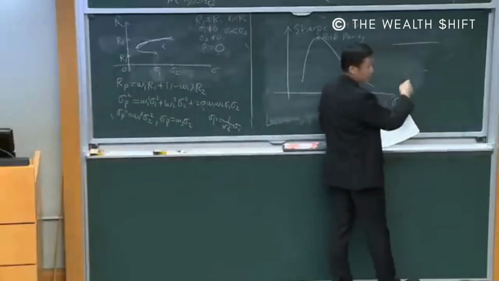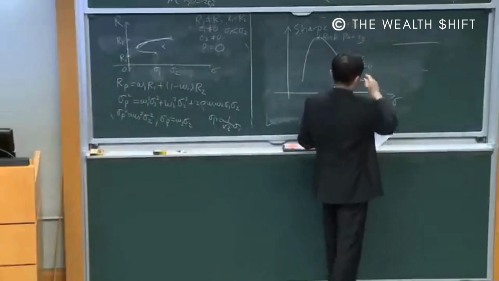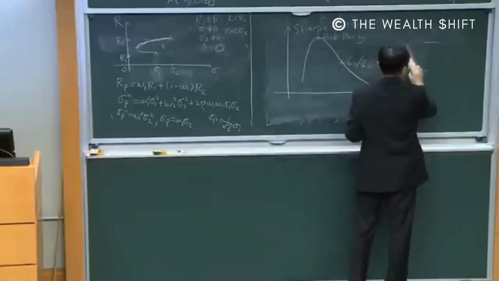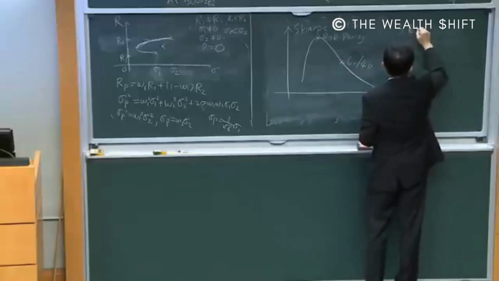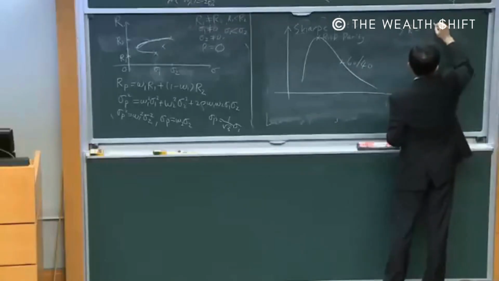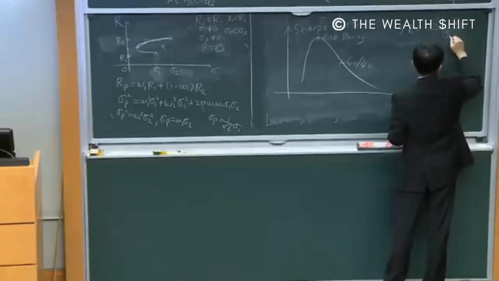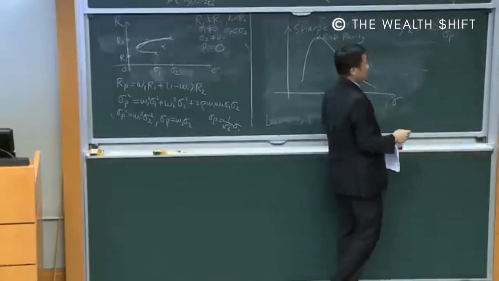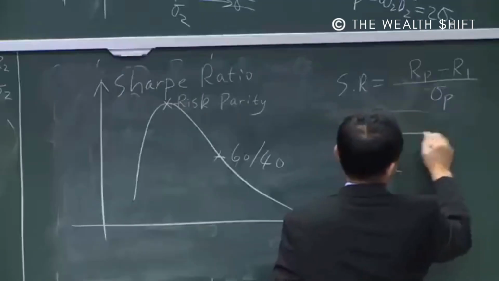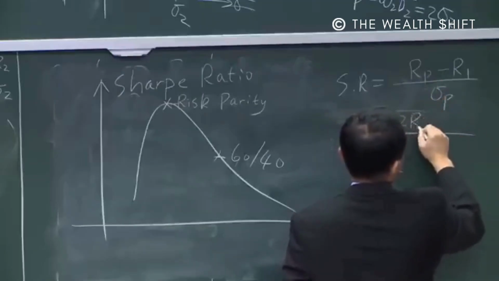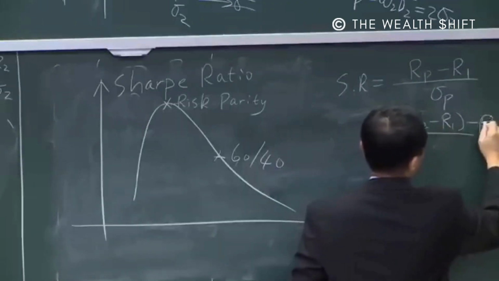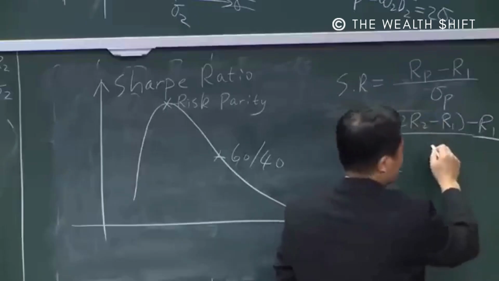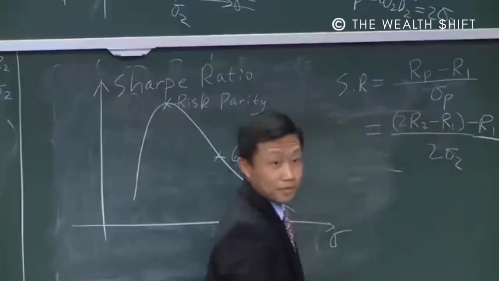So let's look at that straight line, this example. We said Sharpe ratio equals RP over sigma p. What is sigma p? It's 2 sigma 2, when you leverage up.